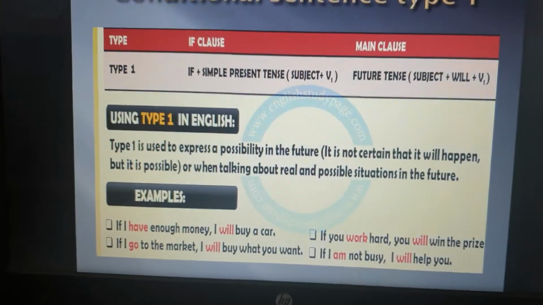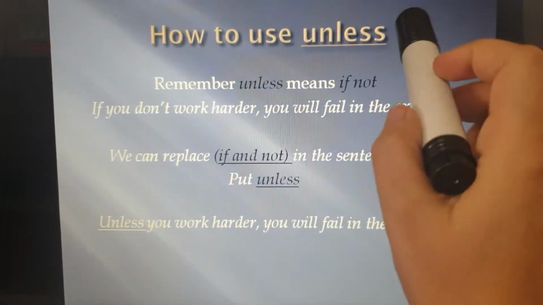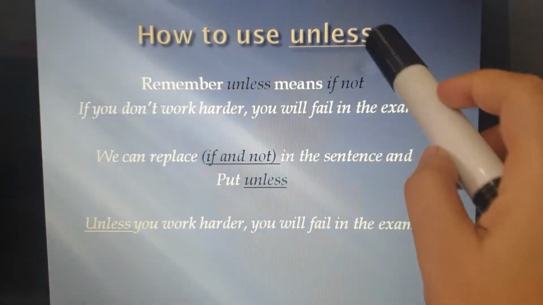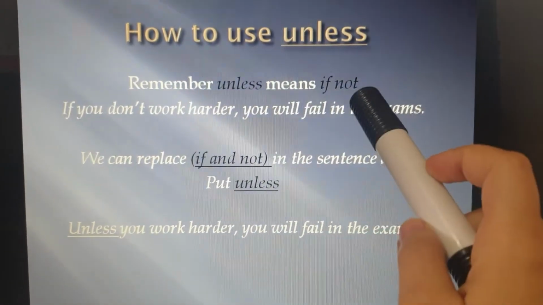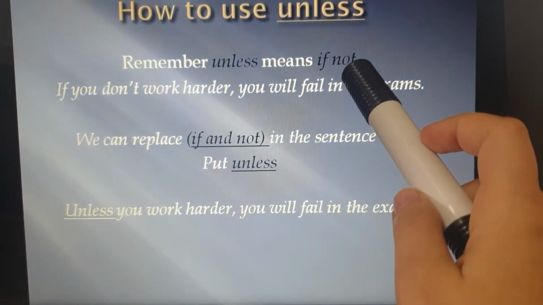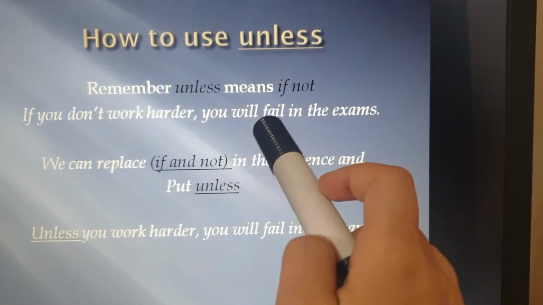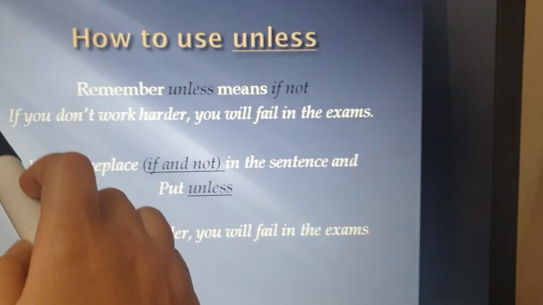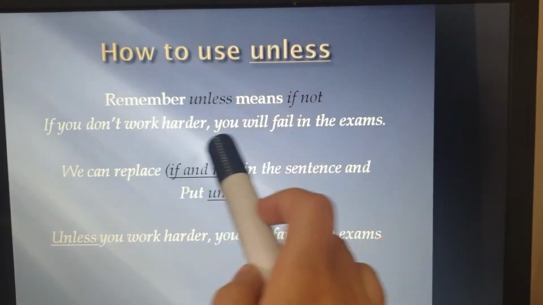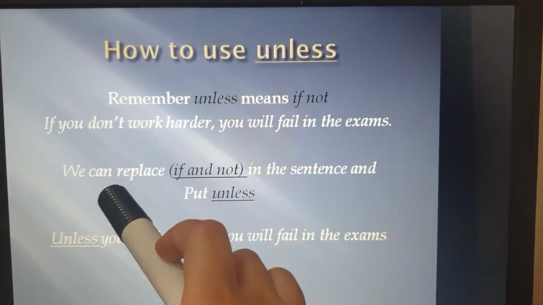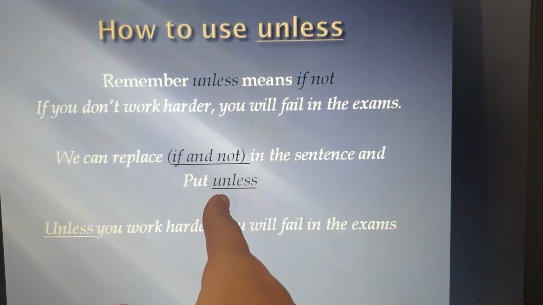An extra thing I want you to learn about is how to use unless. Unless is a tool we use in the conditional sentences, and it means if not. If you don't work harder, you will fail the exam. If we have the sentence in the negative, if and not, we can replace if and not in the sentence and use unless.